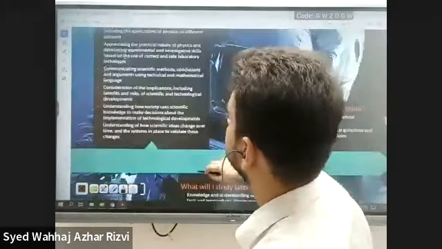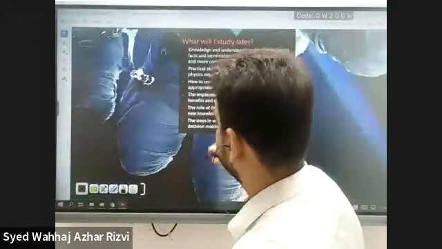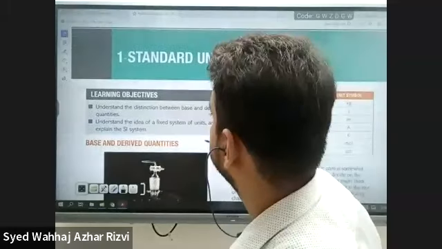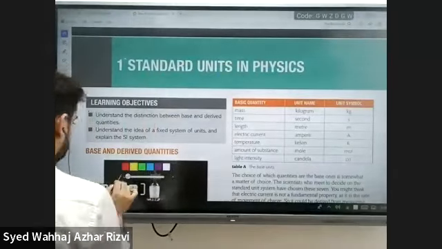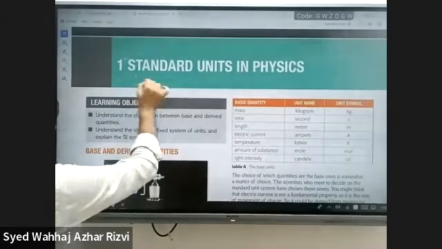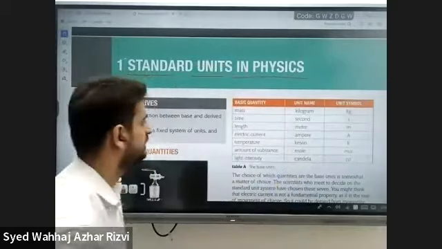Physicists, these are different ideas that are related to physics. Yes, standard units in physics. That is the topic for today, standard units in physics.